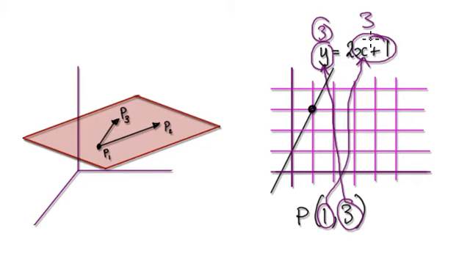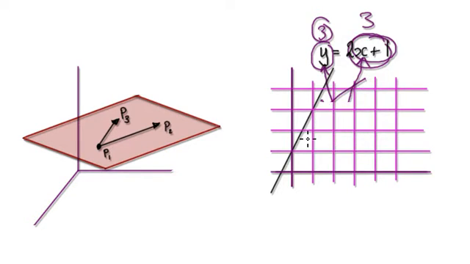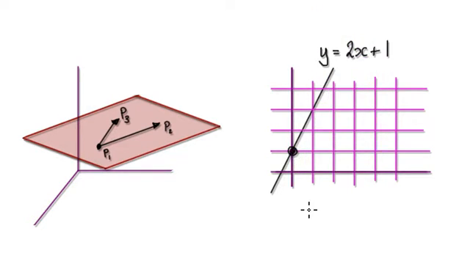So the left-hand side equals the right-hand side. Therefore, this point is good. This point here would be good, this point here would be good, this point here would be good. This point here would be bad, bad, bad.